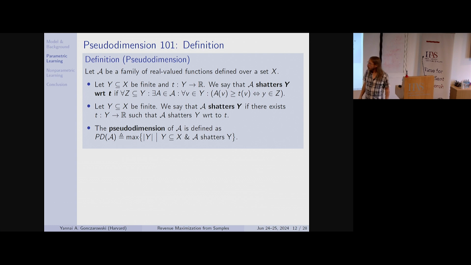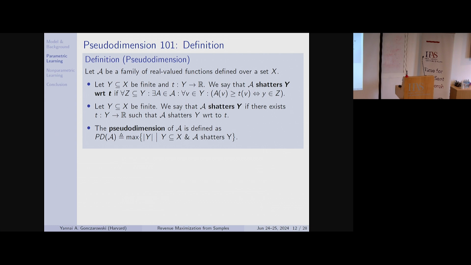The larger the set that A shatters, to some extent, if A shatters Y, it means that there exists a Y such that, let's fix the thresholds for a second, for any choice of up, down, you can make it work.